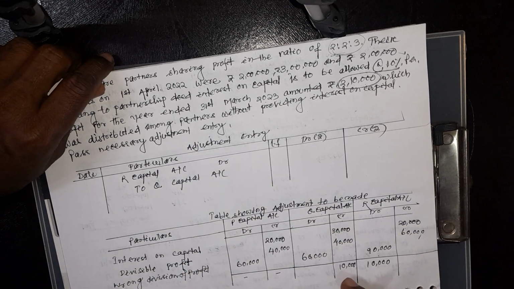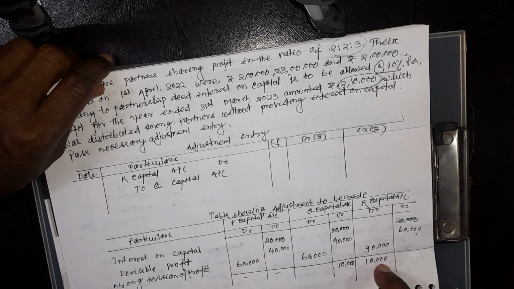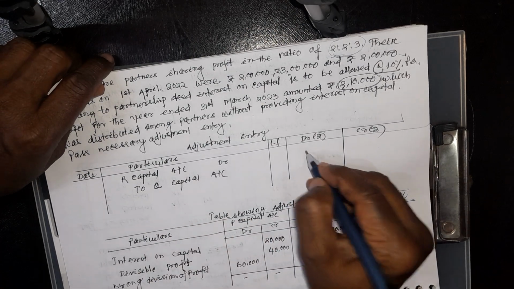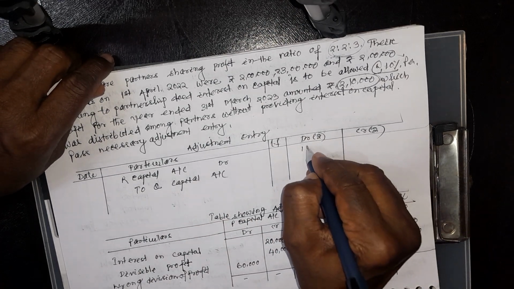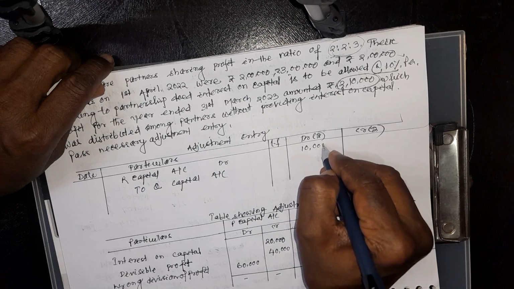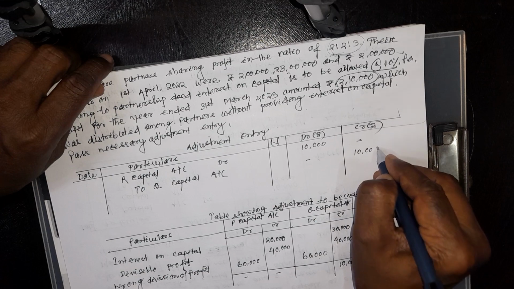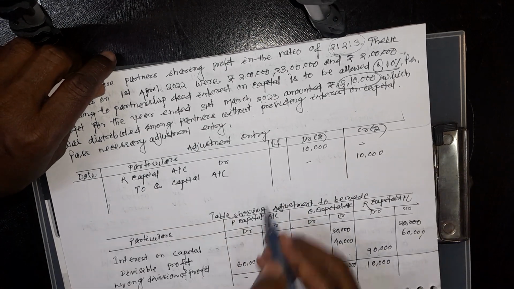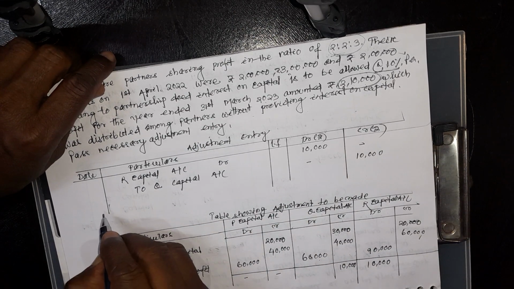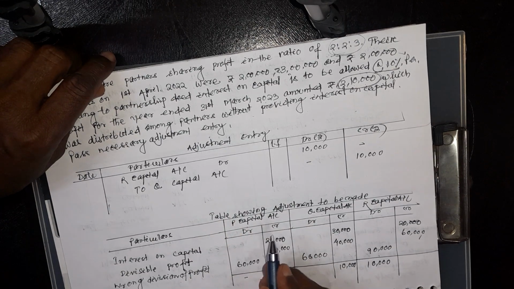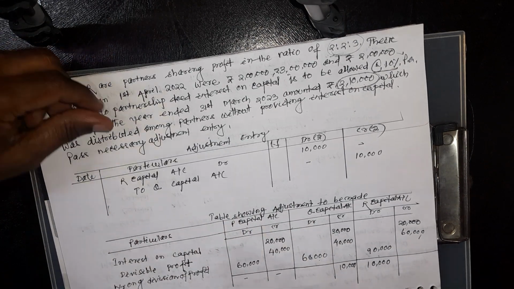You see now, it is coming on credit, so you will write credit. It is coming on debit, you will write on the debit. So here you will write how much amount? 10,000. You can pass the narration: being past adjustment entry passed.